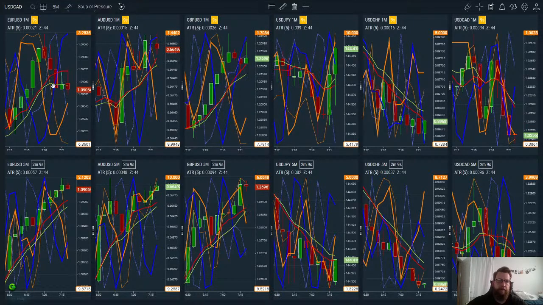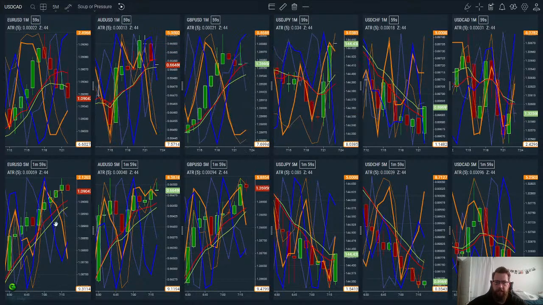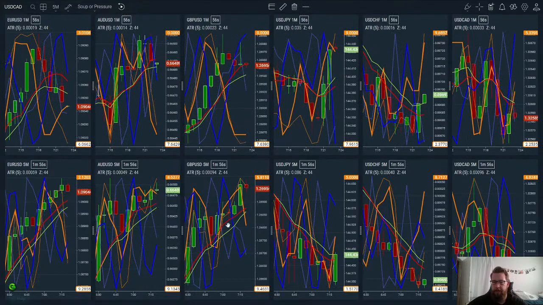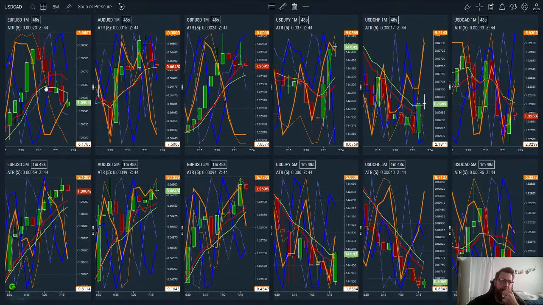So this is actually a good example here. Both were pointing up. Basically, we're looking for the 1 minute chart to match what the 5 minute chart is doing. Now this is showing a pullback.